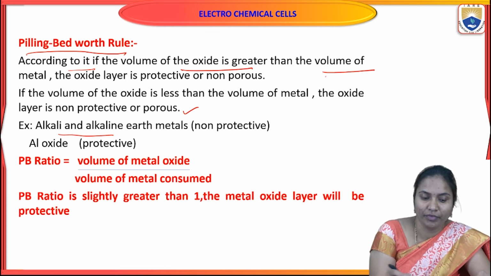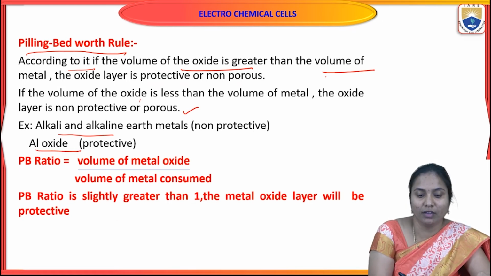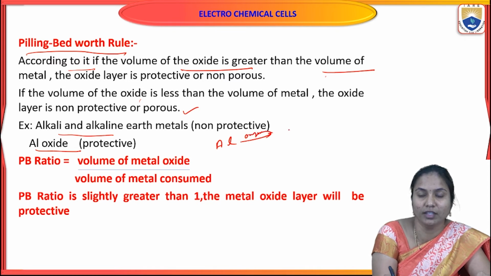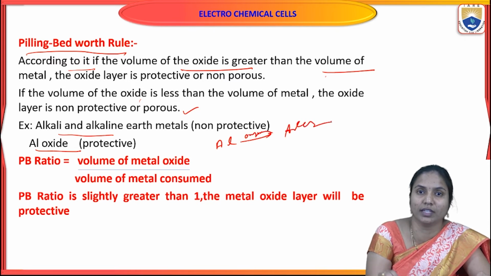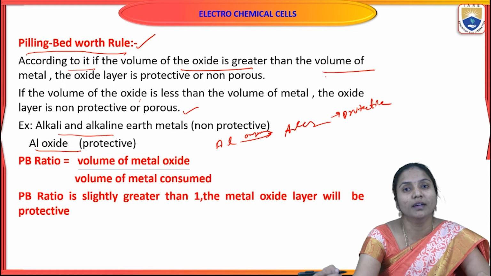For example, aluminium oxide. Here aluminium, when it reacts with atmospheric oxygen, forms aluminium oxide. So in this case, it acts as protective. Why? It is clearly explained by the Pilling-Bedworth rule.